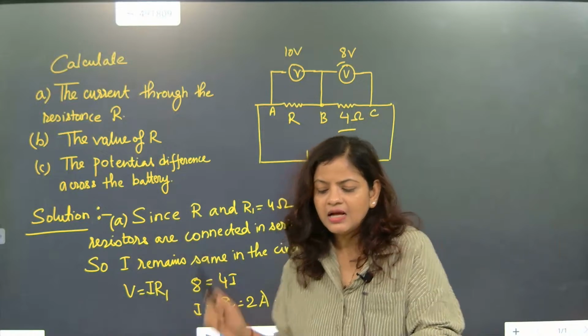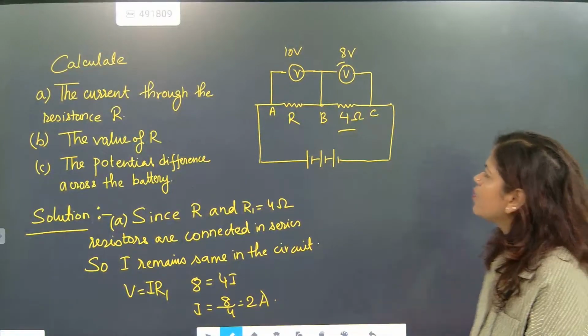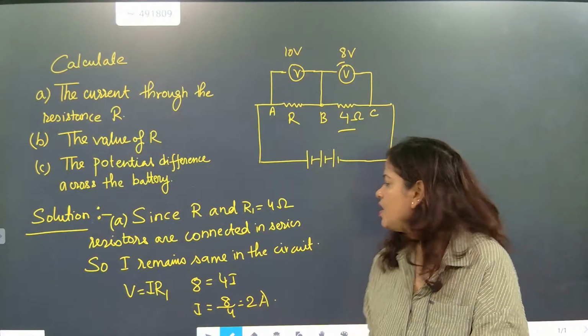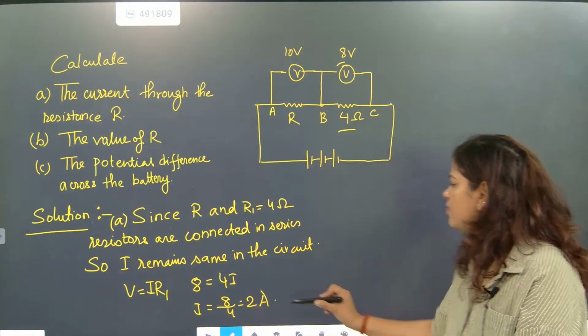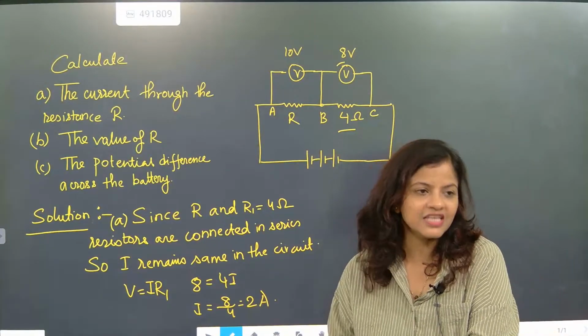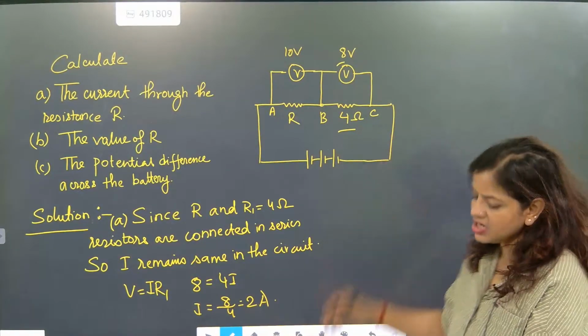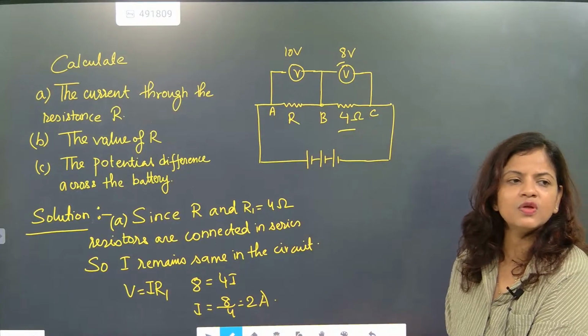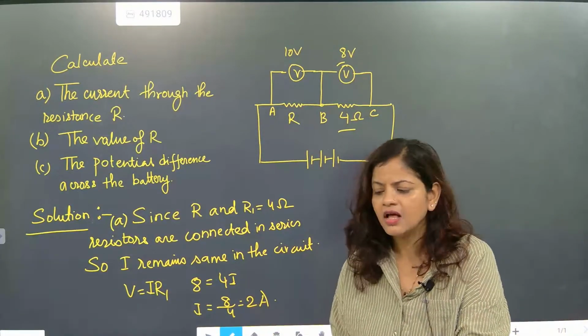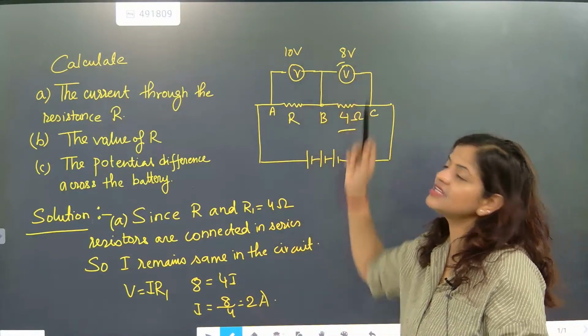That part is done. Now next part, the value of R. How are we going to come to know it? Listen, children, now we have the total current and the current remains the same. Now we have the total potential difference. What is the total potential difference? It will become 18. Correct? Because here this is 10 and this is 8.